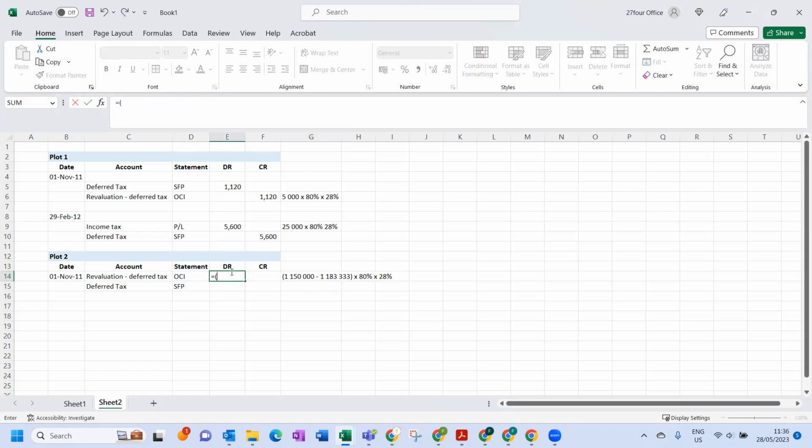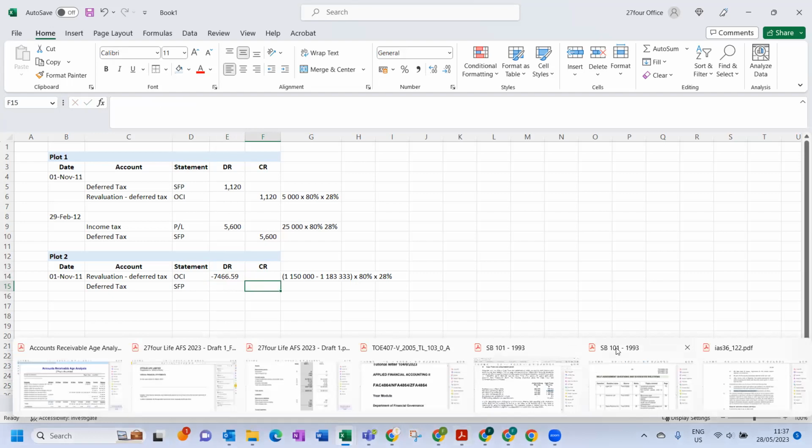Okay, so equal 1150 minus 1183, multiplied by 80% multiplied by 28%. Oh, wait, what am I doing over here? Let me just see quickly.